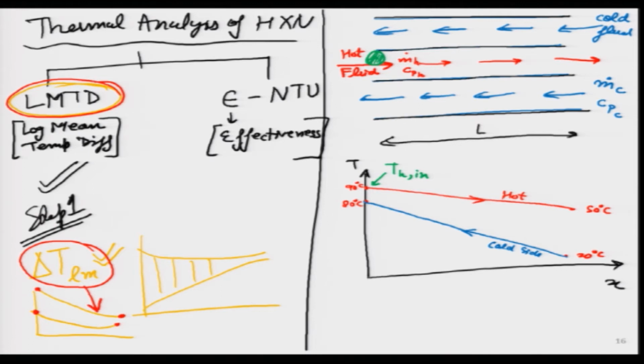Once the hot fluid comes out over here, I will represent it as T hot out. The coldest point of the fluid is this star or cross, that I will represent with T cold in, and once it gets heated I will represent it as T cold out, which is this plus sign.